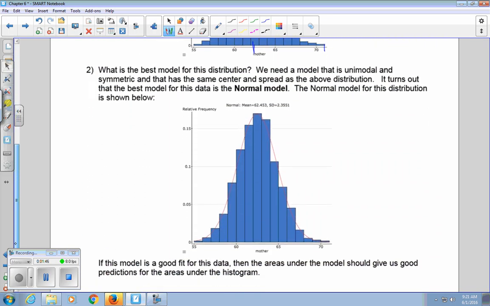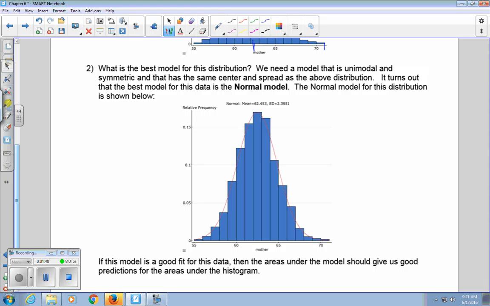So what is the best model for this type of distribution? This histogram that we're seeing, we see a lot of data has the same shape, and so having a mathematical model is very useful. What's been found is that a model called the normal model fits this type of data.